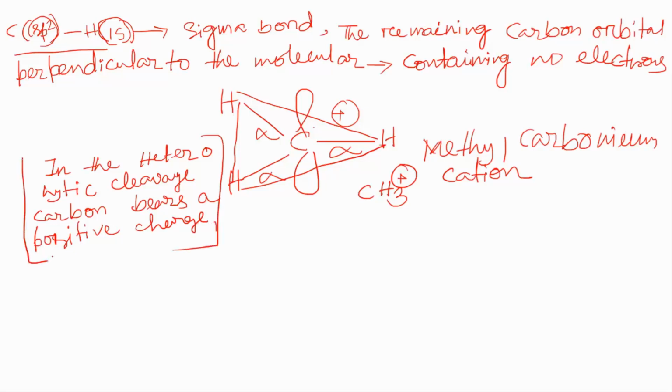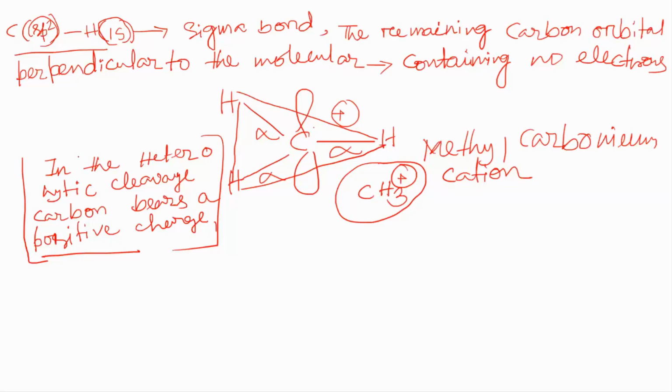In the first part, we saw that carbon bears the positive charge, and a negative species is also generated in the heterolytic cleavage. The opposite case also happens: carbon can act as an anion. How?